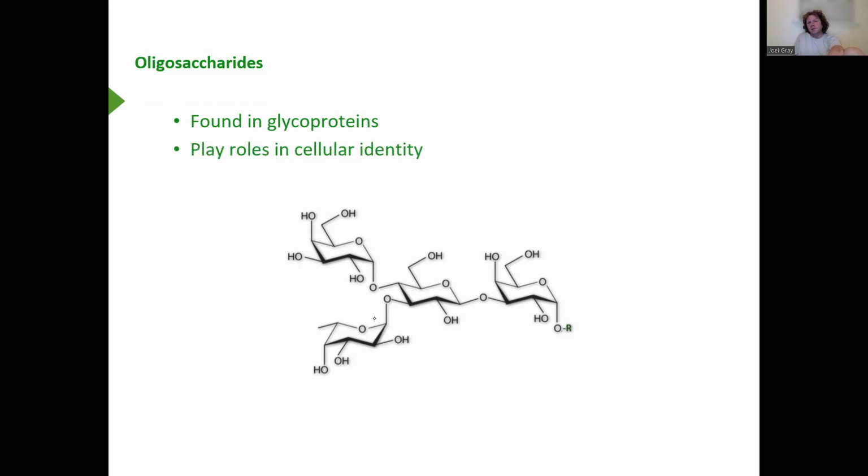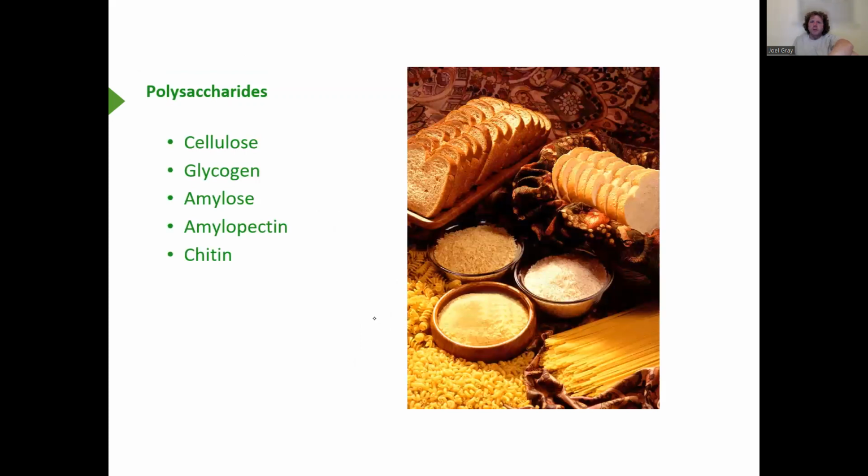They play roles in cellular identity, and they are generally fairly short. Polysaccharides might play a structural role, or they might play an energy storage role. For instance, glycogen in humans, or cellulose plays a structural role in plants.